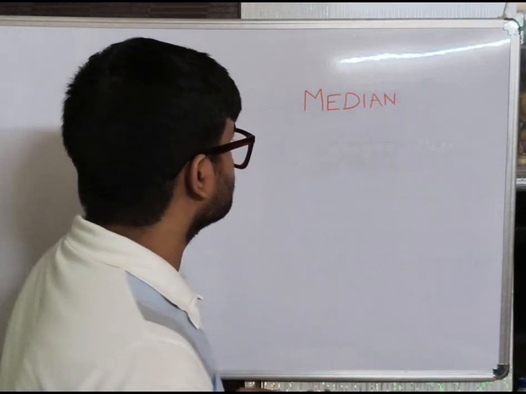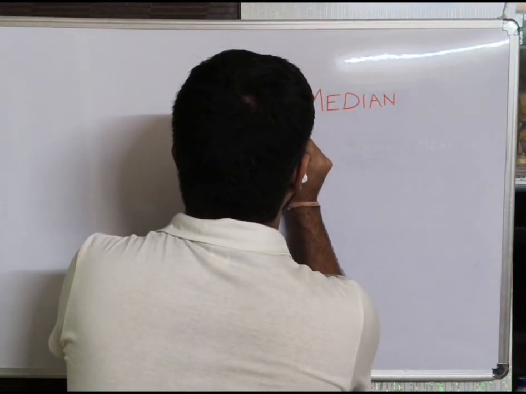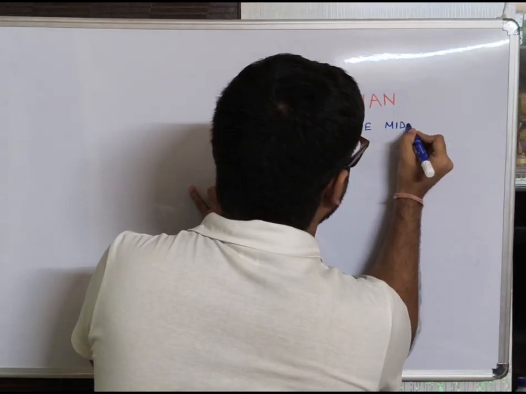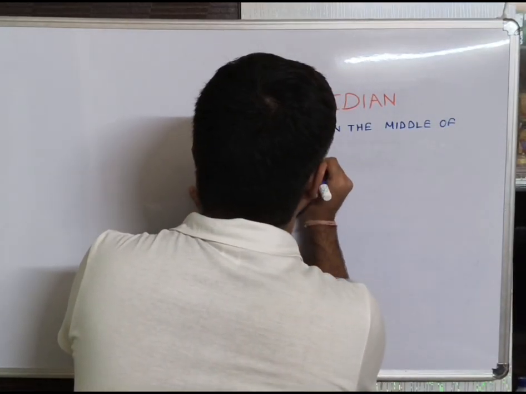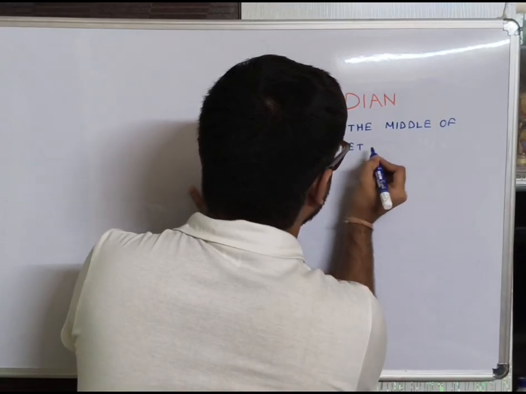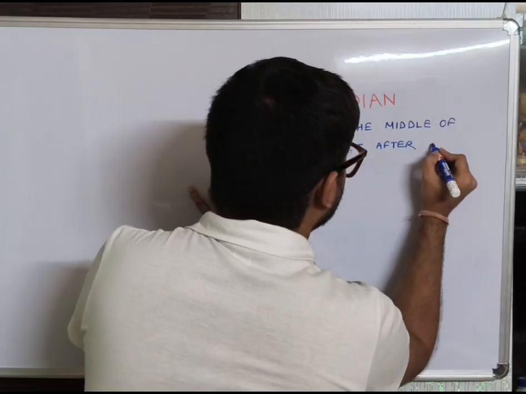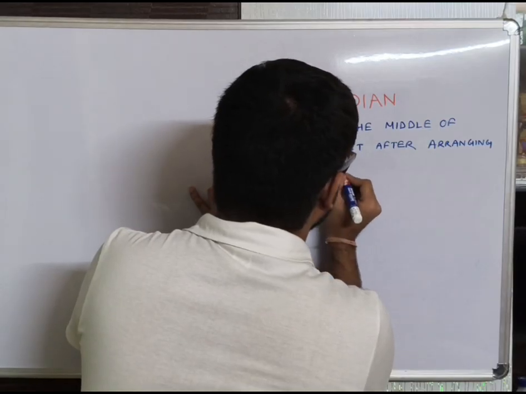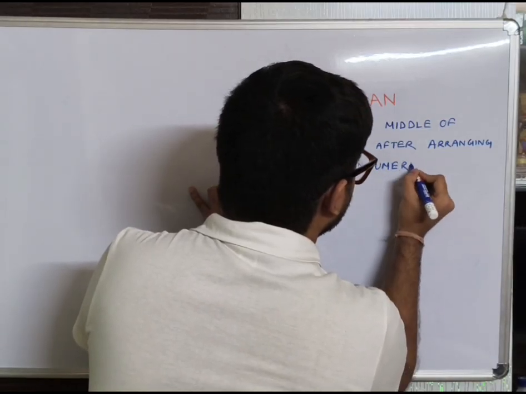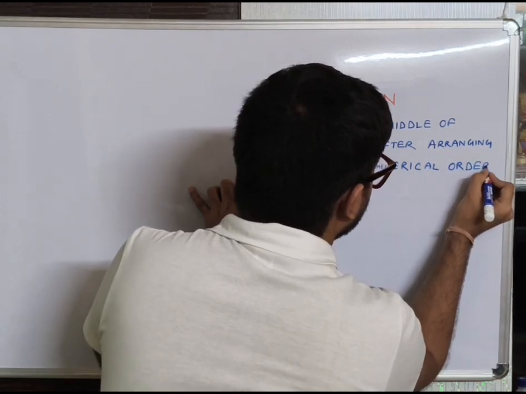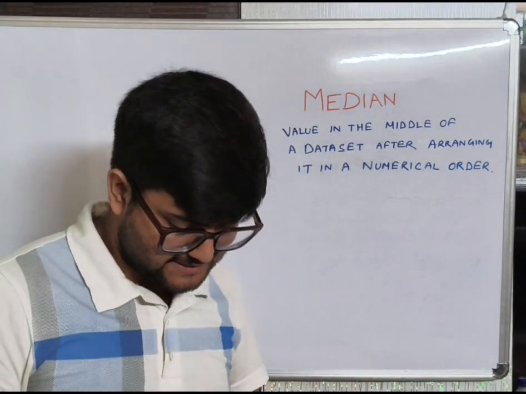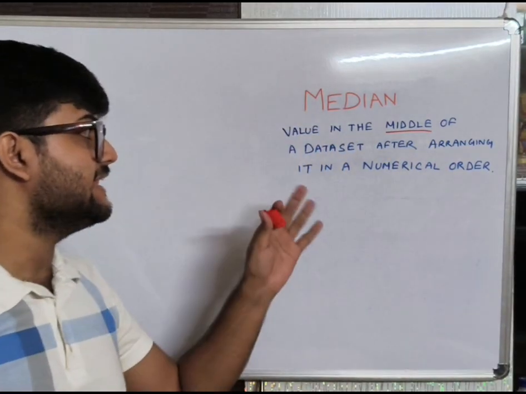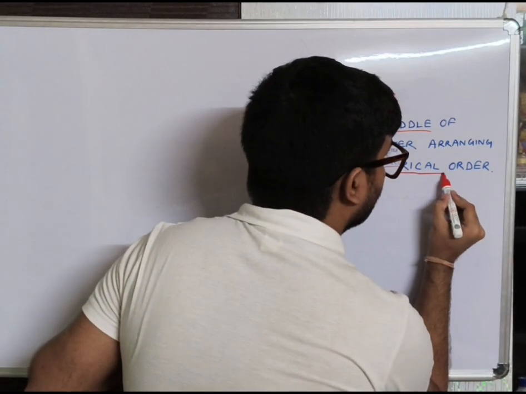Okay, now we have to note it down: the value in the middle of a data set after arranging it in numerical order.